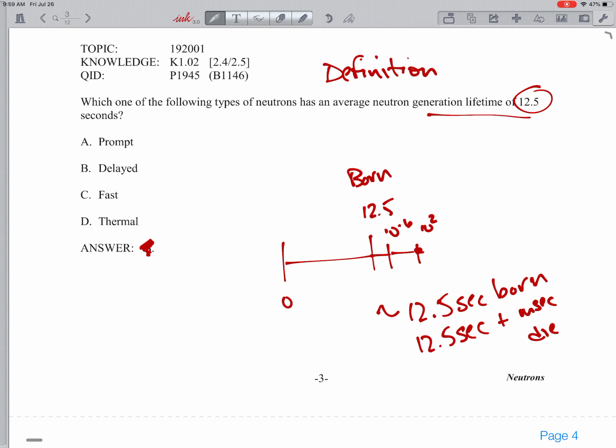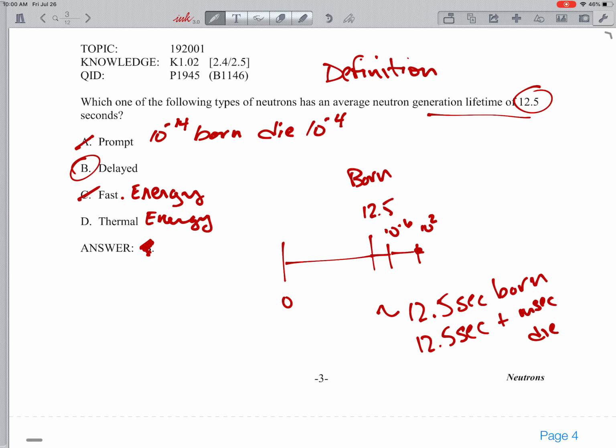So these will be delayed neutrons, not prompt. Prompt are born within 10 to the minus 14 and die within 10 to the minus 4. Die meaning they're thermalized and absorbed to cause another fission. Fast has to do with the energy, and thermal has to do with the energy. So let's see if we're right. B, delayed. Okay.